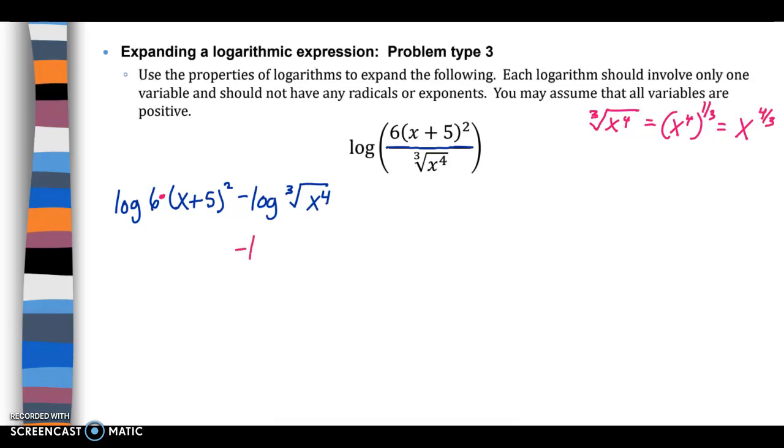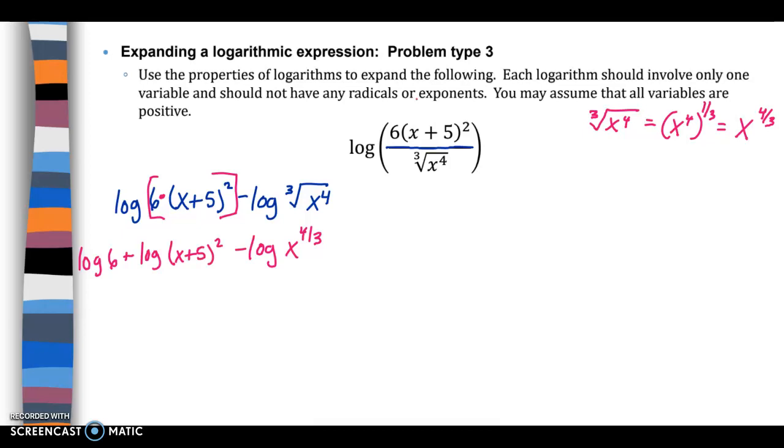So this is minus log of x to the 4/3. It's the same thing. But we have a product here within this log, so we can split those up. Log of 6 plus log of x plus 5 squared.